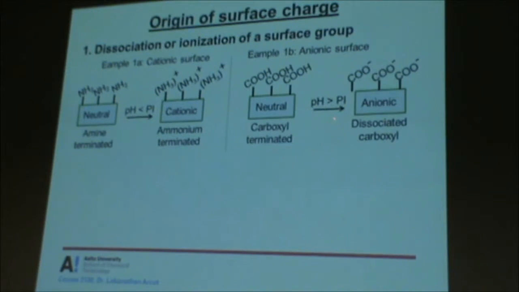You're losing your proton here to get a negative charge. These are two examples where charges develop because of loss or gain of proton. There are other groups, for example, sulfate group, phosphate group. They also lose protons to give a negative charge.